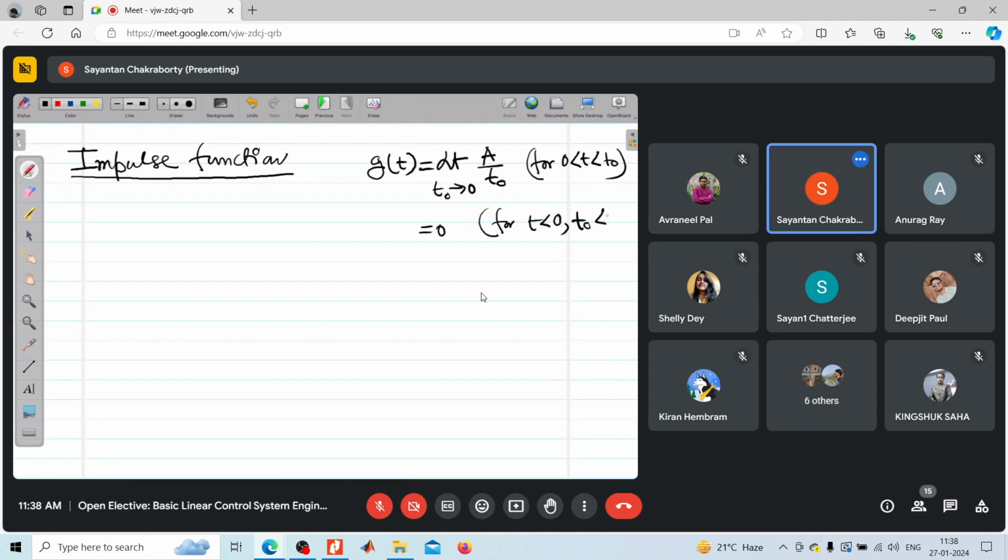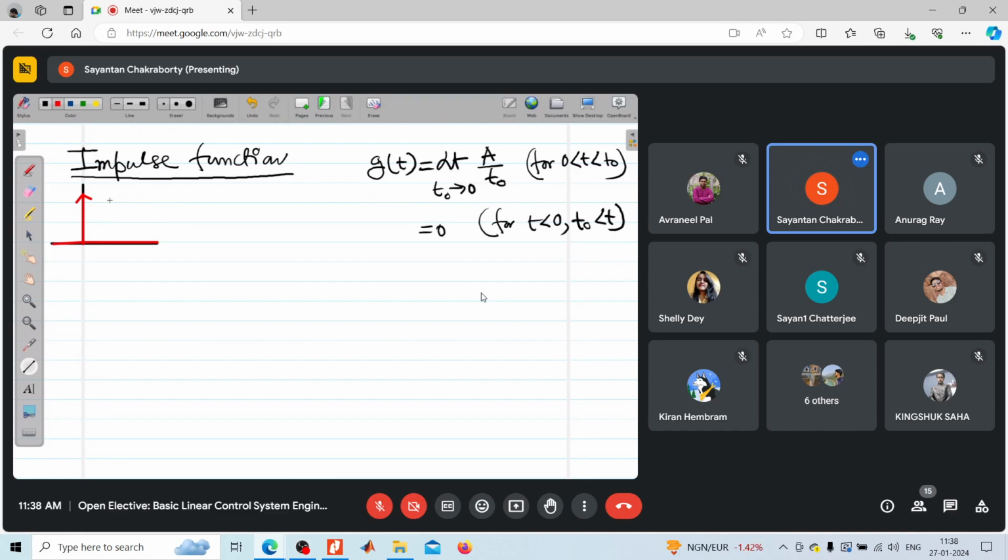On the time axis, the pulse function will be something like this.